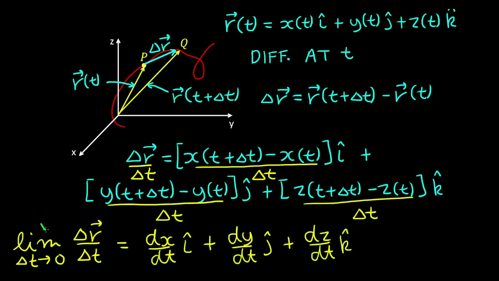And this term on the left-hand side is the derivative of the position vector with respect to time, or the parameter t in general. So essentially, when q approaches p, then this secant vector approaches the tangent vector to the curve at point p. Now if r is differentiable, then it's differentiable at every point in its domain.